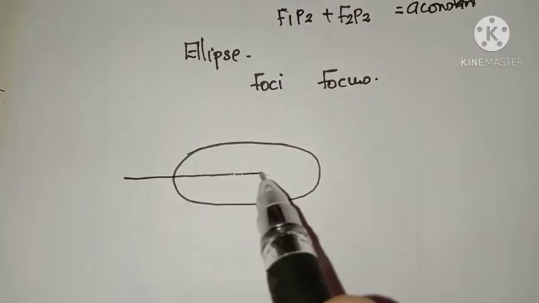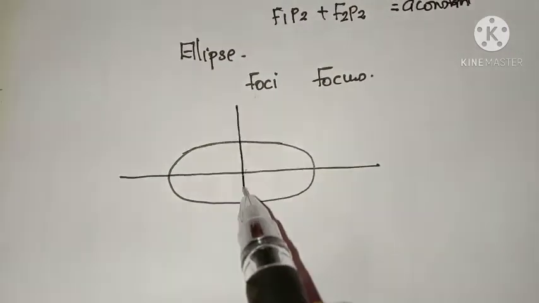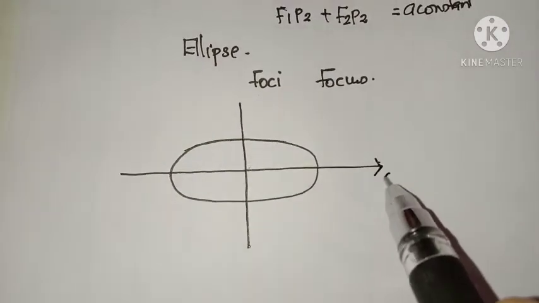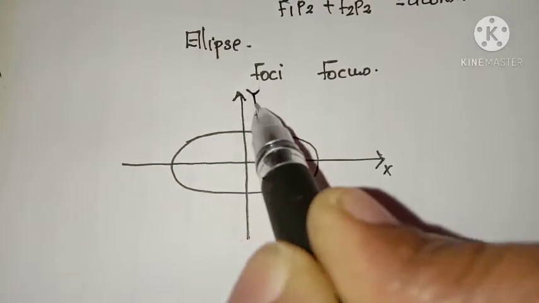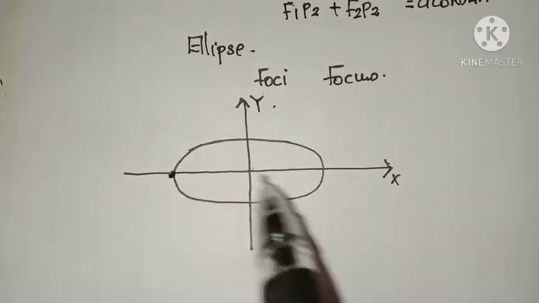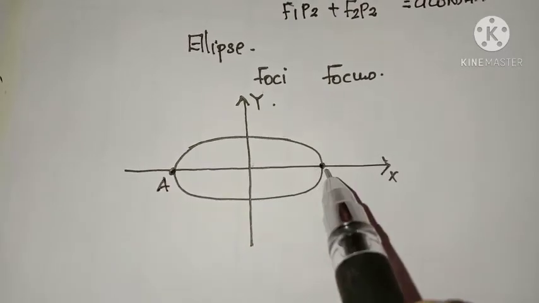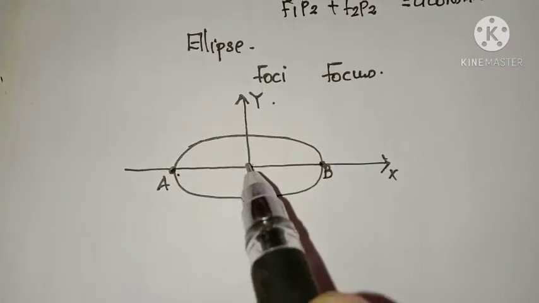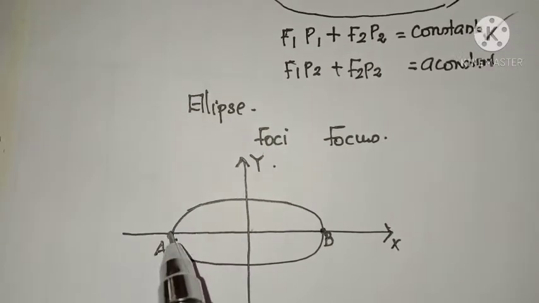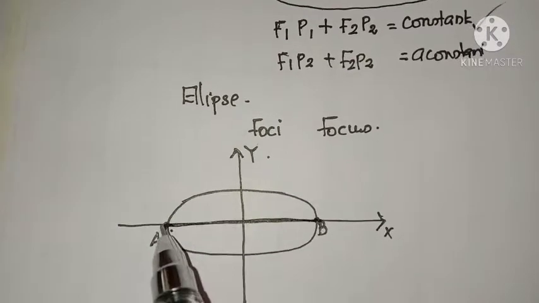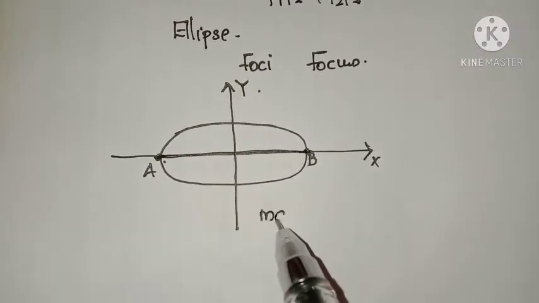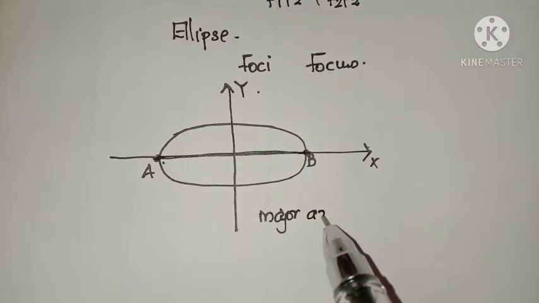And see, this is the x-axis and this is the y-axis, x and y. Suppose A and B are two points on this ellipse, then the distance AB is called the major axis of the ellipse.